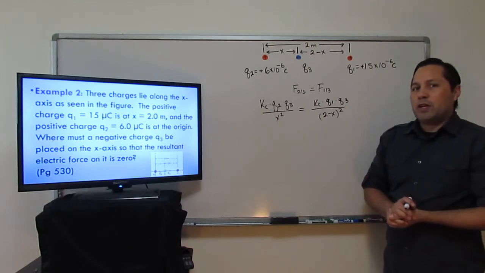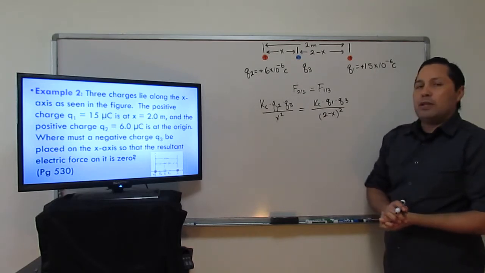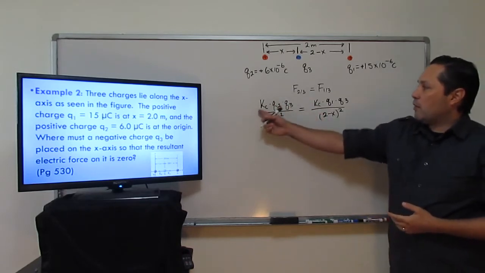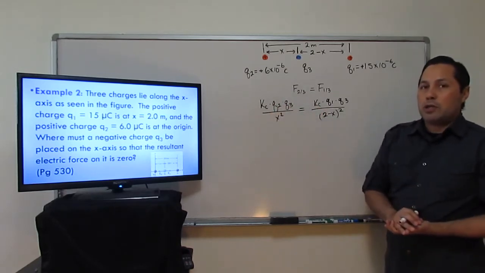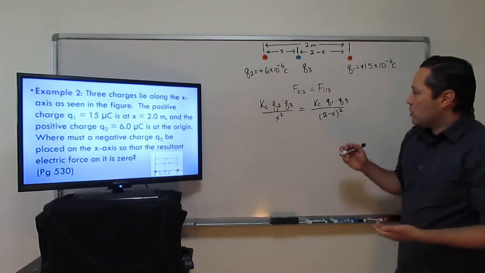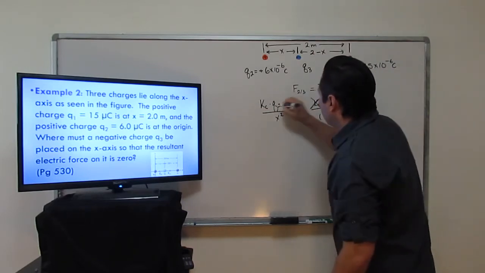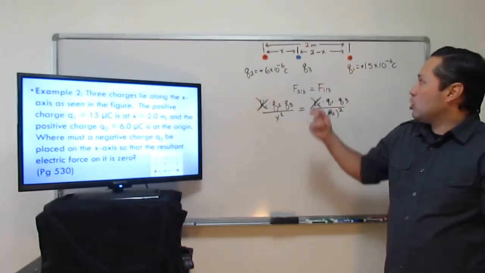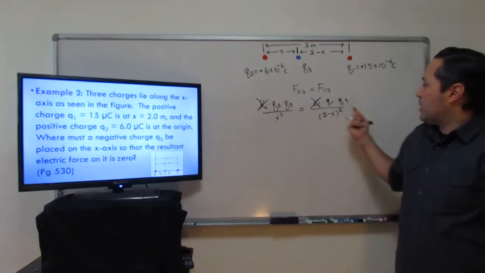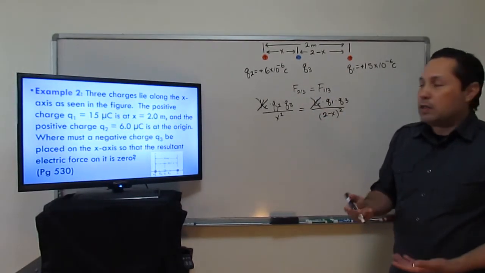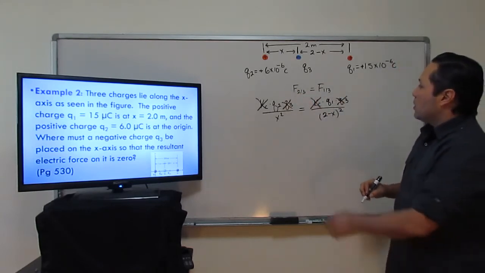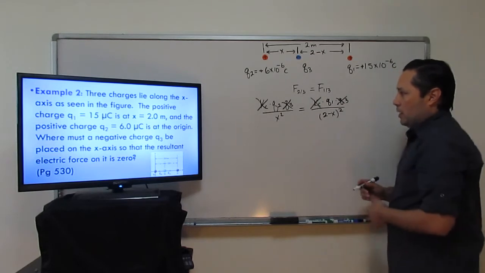There's a couple of things you can cancel out just to simplify this formula a little bit. On both sides we have Coulomb's constant, so it's the same on both sides, so we can cancel that out. That's gone. What else is the same? The charge of Q3 is the same. We never have the value for it, but we don't need it because it ends up canceling out. So now we have the formula as you see it now.